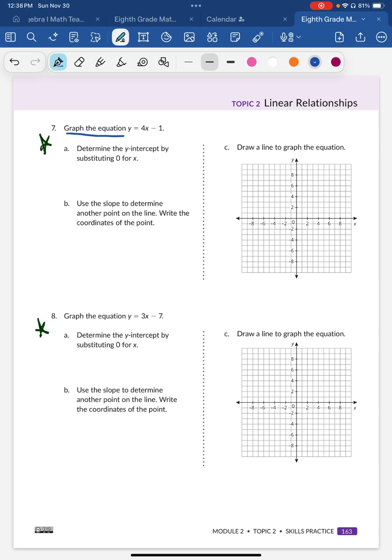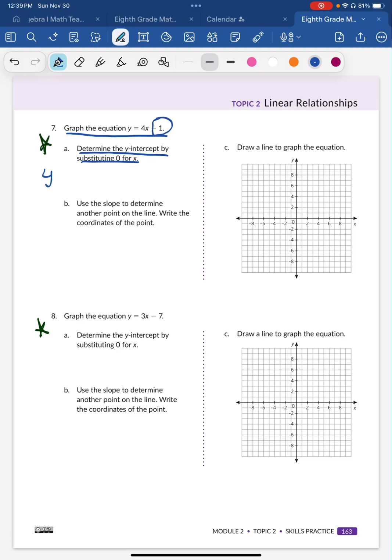Graph the equation y equals 4x minus 1. This says determine the y-intercept by substituting 0 for x. Well, we already know the y-intercept is -1.